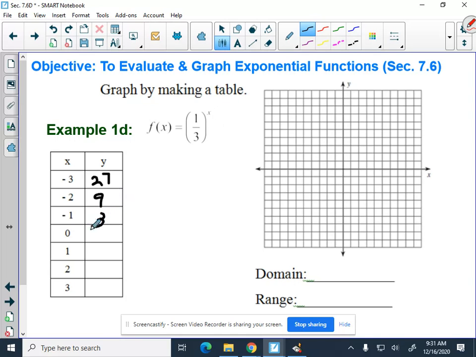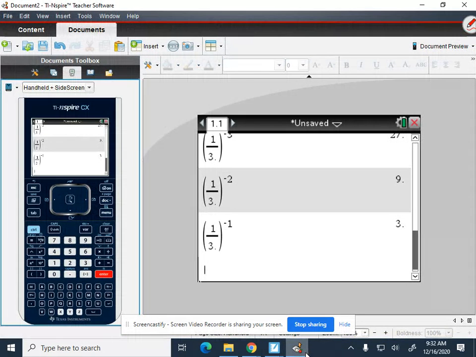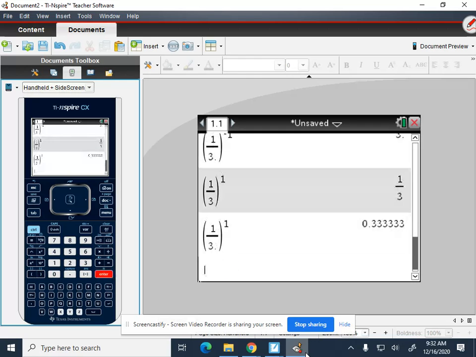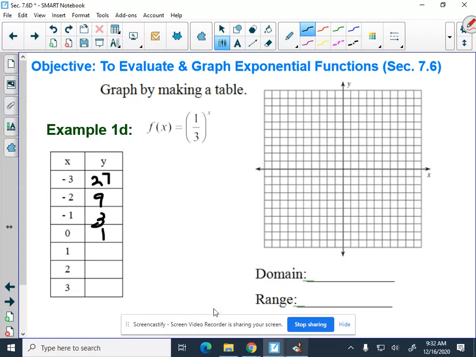Anything to the 0 is still 1. Now 1/3 to the 1 is 1/3. If I put the dot on, it's 0.3.